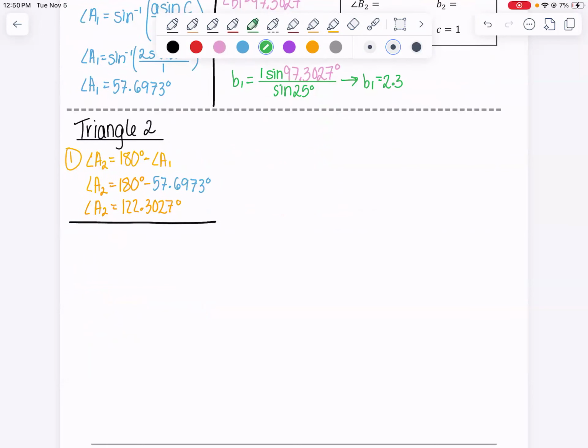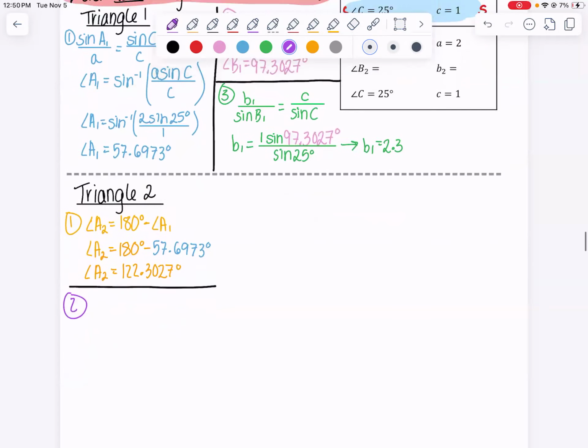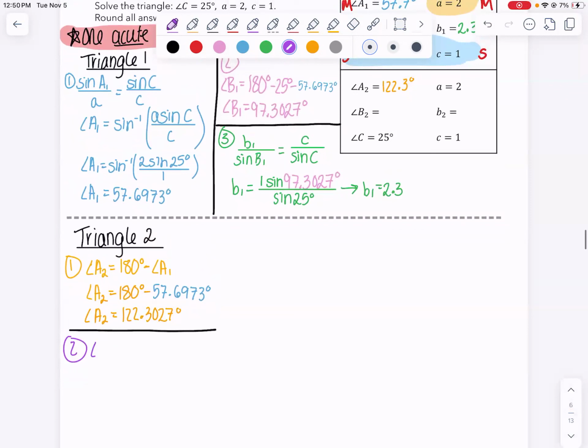Let's do purple too. Now that we have two angles, we need to find our third angle B2. So angle B2 is going to be 180 degrees minus the other two angles in there, so minus angle C minus angle A2.